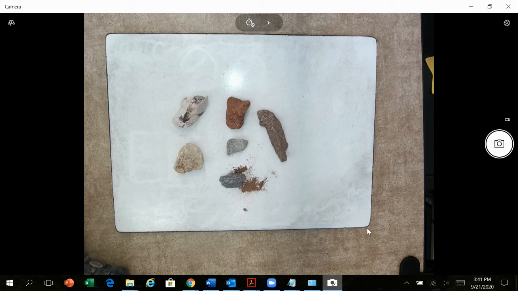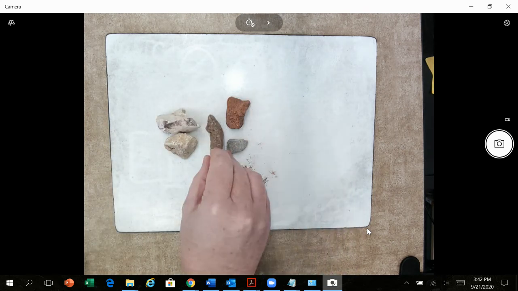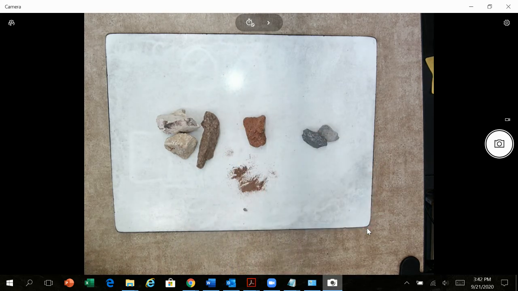So sorting means that we put them in groups or put them in things that may be the same. Okay? So I'm thinking, should I sort my rocks by size? Are they large and small? So I could do large and then this one's kind of long, and then I could do medium, and then I could do small, right?